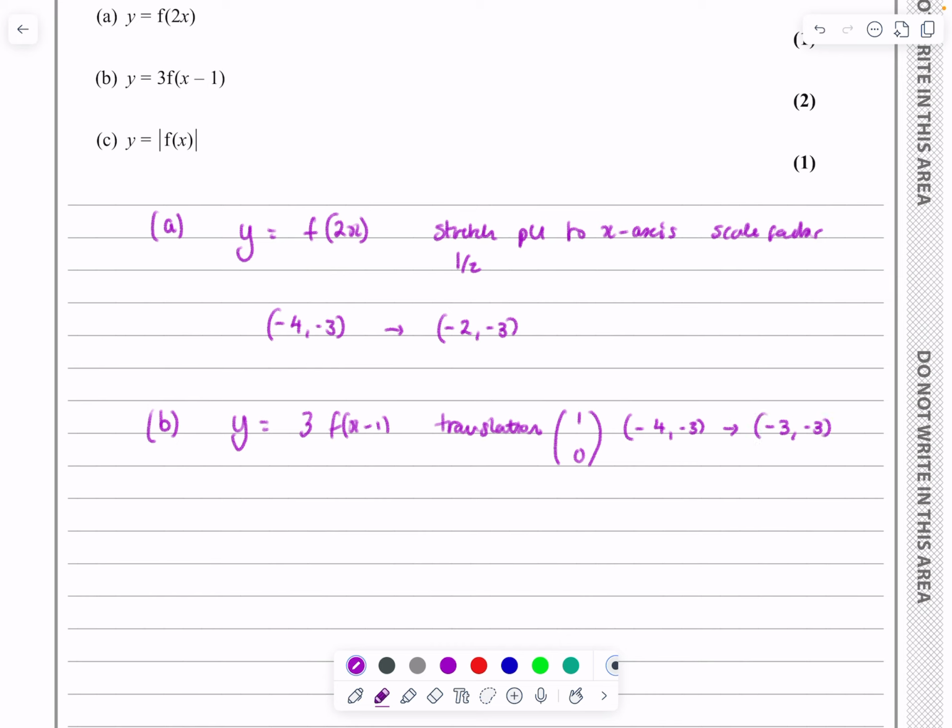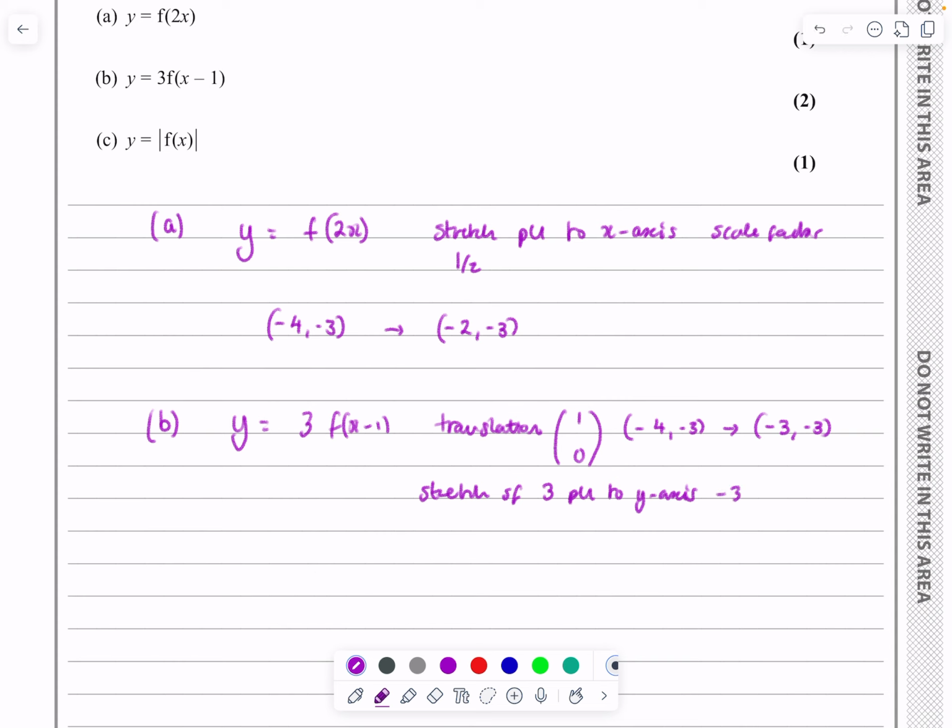But then 3 lots of f(x) minus 1 would be a stretch. So we're followed by a stretch, scale factor 3, parallel to the y-axis. The 3f(x) is basically going to stretch it by a scale factor 3 in that direction.